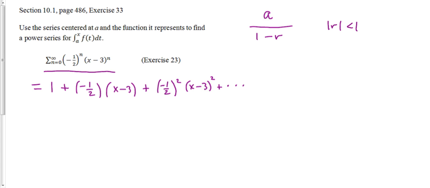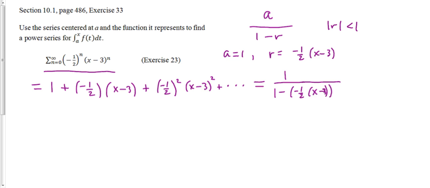For the series that we have here, a is equal to 1 and r is equal to -1/2 times (x minus 3). So the function that this series represents is going to be 1 over 1 minus (-1/2 times (x minus 3)).